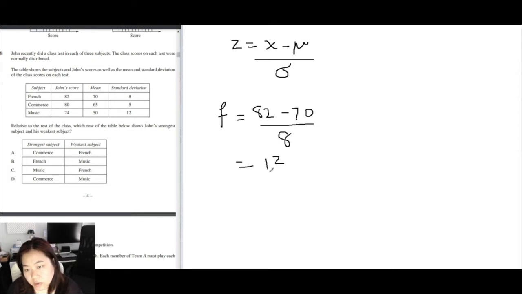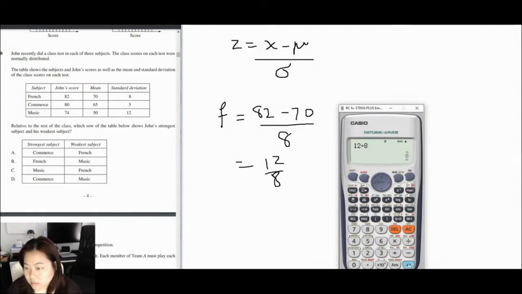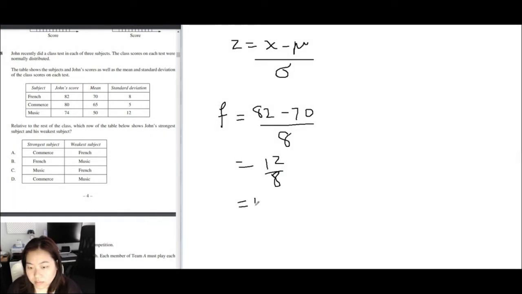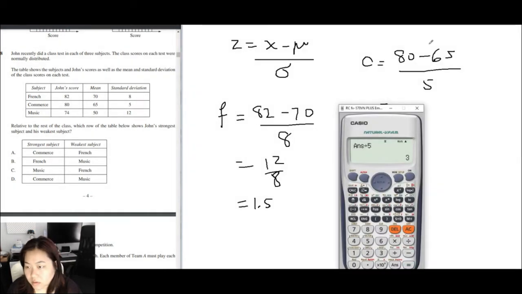That is 12 over 8, 1.5. Then we have commerce, which is 80 minus 65 over 5. 3.